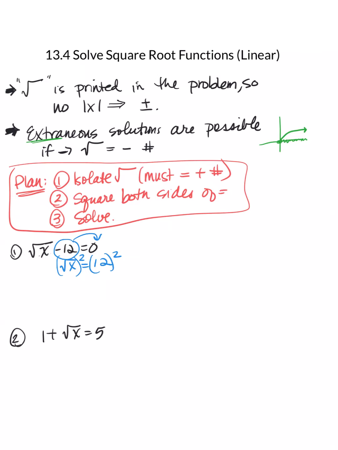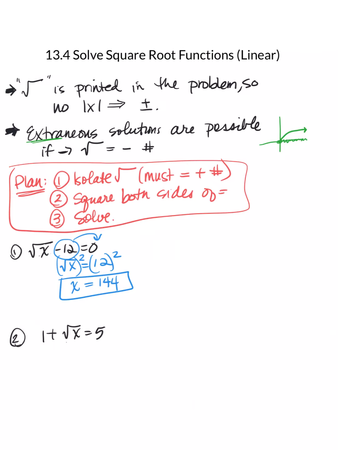So if I square the square root of x, I get x. And square 12, I get 144. And there's my answer. Now you can stop and mentally check this. Look back. If I put in a 144 right here, if you took the square root of 144, that's 12. Minus 12, is it 0? Yes, it is 0.